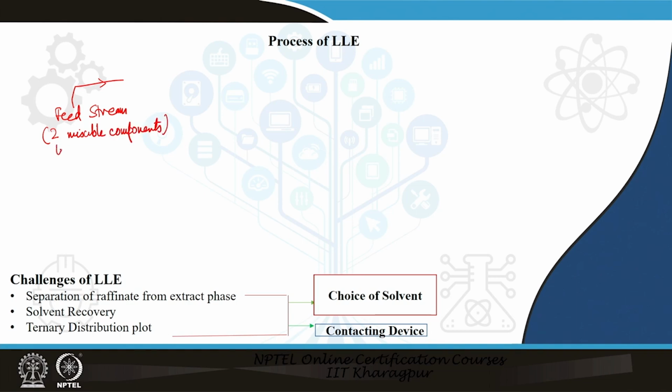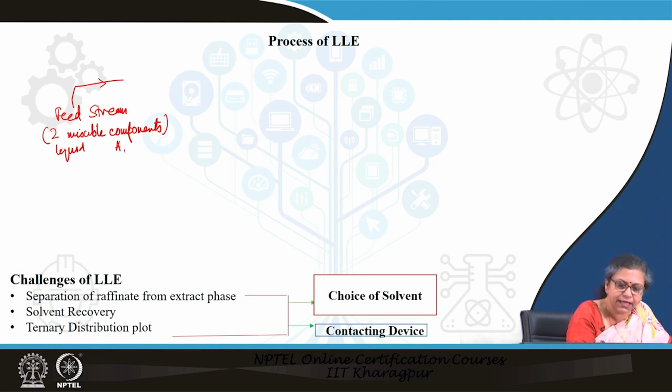This is a liquid feed stream. It has at least two miscible components and we want to separate it. Say the components are A and B, and we would like to separate B from A. It will either be for purifying A or for recovering B from A.